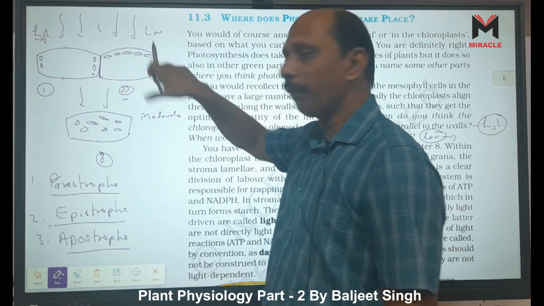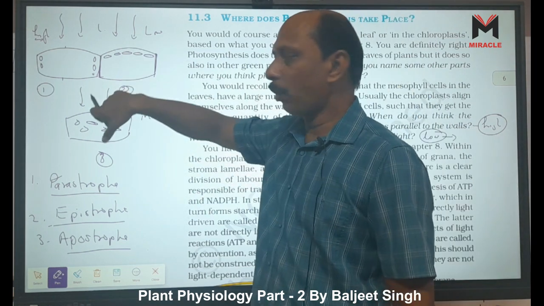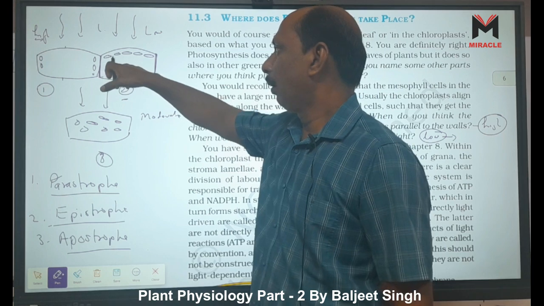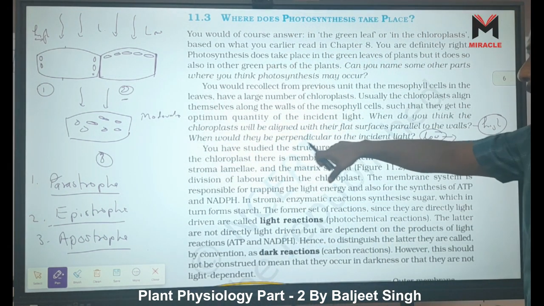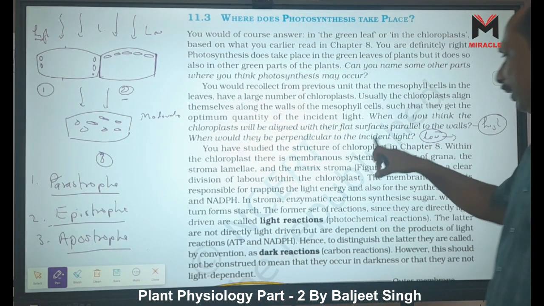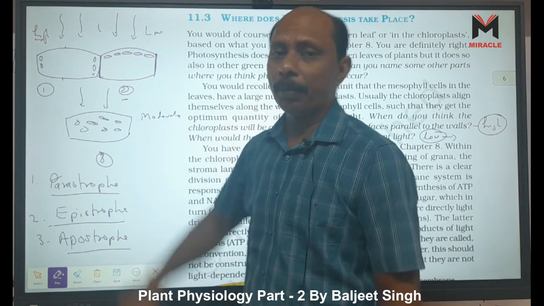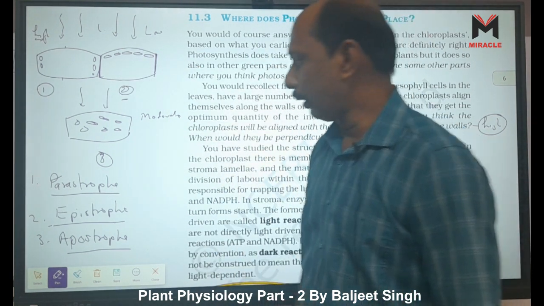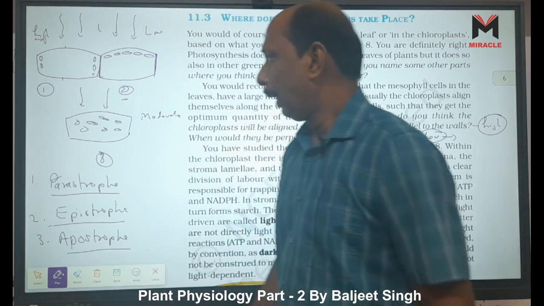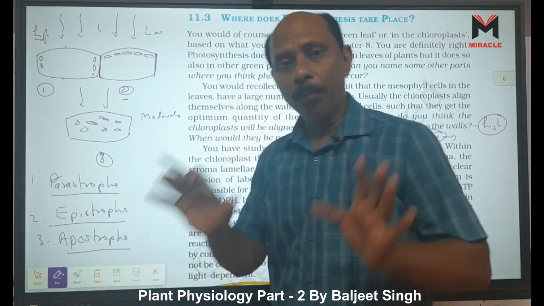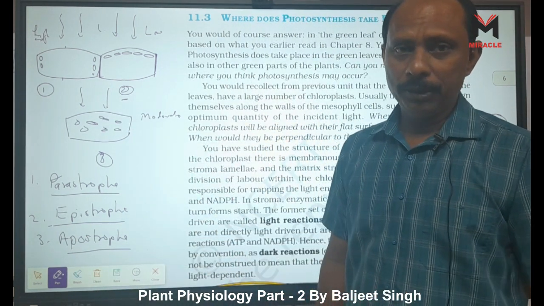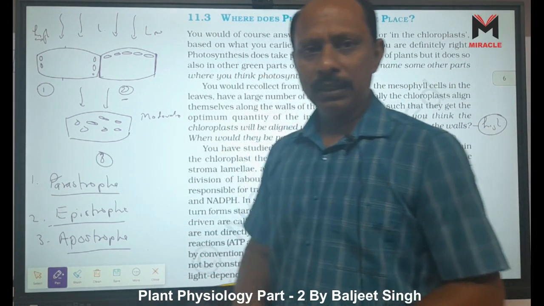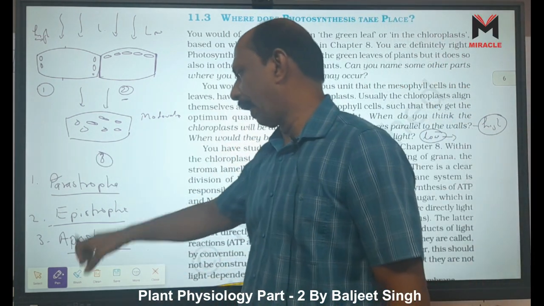And when light intensity is very low, below optimum, they align perpendicular to the incident light to get the optimum light. This situation is called epistrophy. And third, when moderate, optimum light is coming, they are randomly scattered in the cytoplasm. That is called apostrophe.